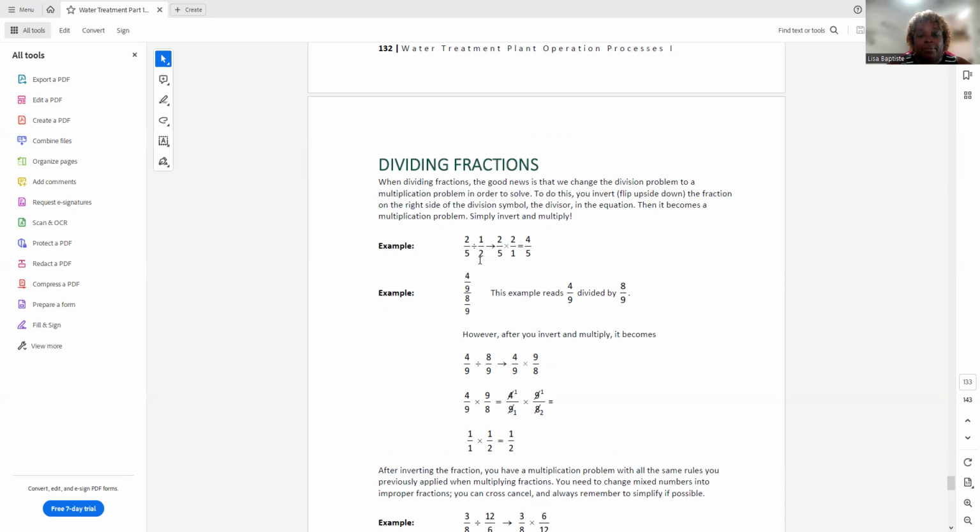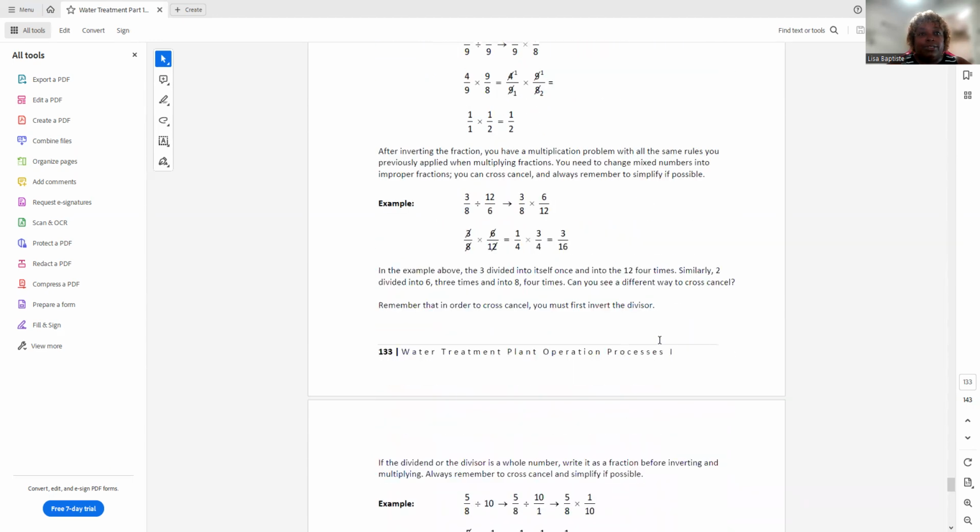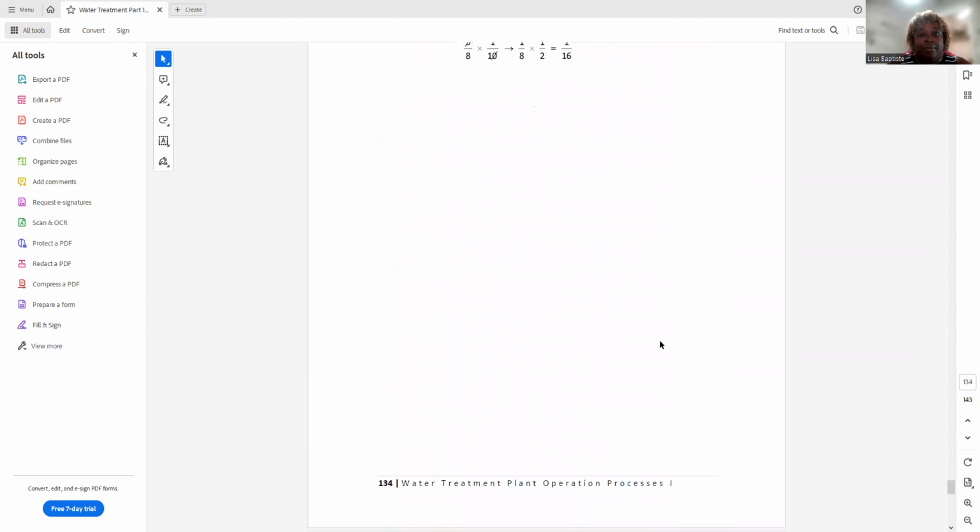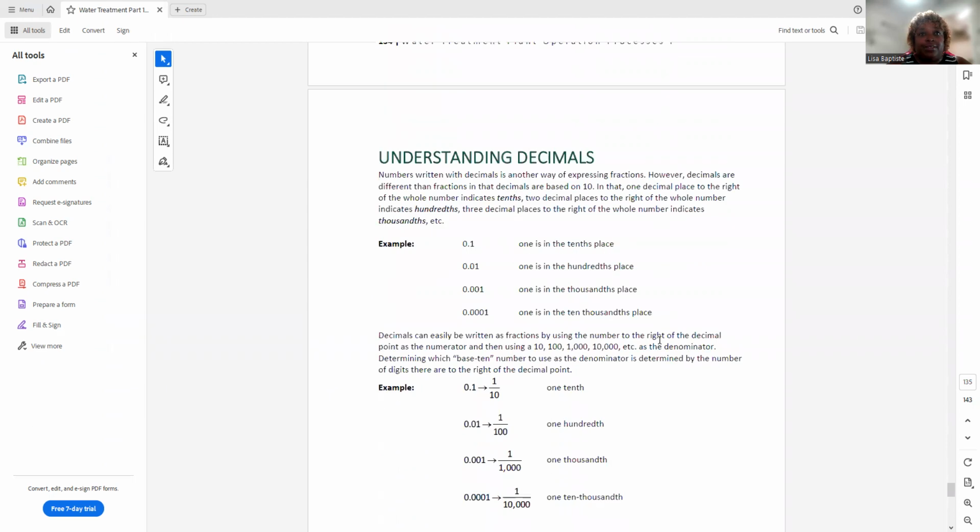That's called taking the reciprocal, but it's simply flipping it. So 2/5 divided by 1/2 is the same as 2/5 times 2/1. Everything at the top you multiply, everything at the bottom you multiply, and you simply get 4/5. Look through those examples so that you can refresh your memory.